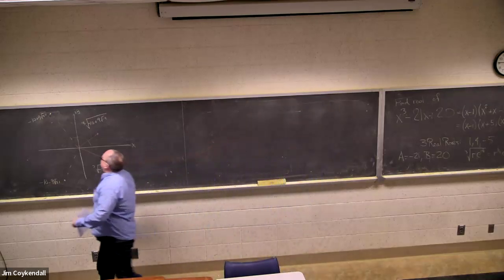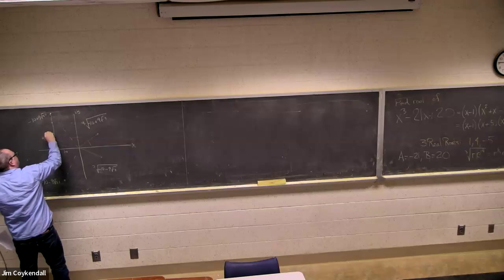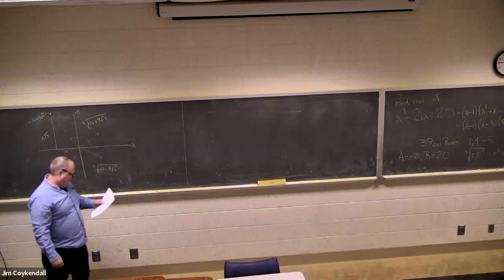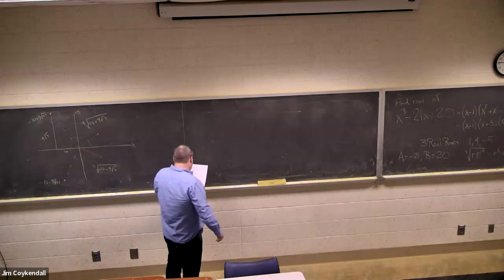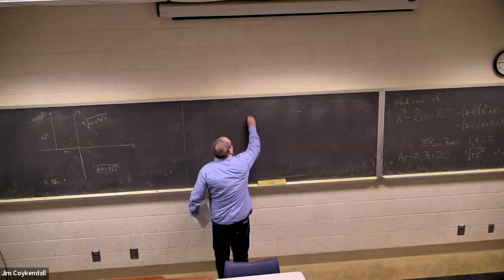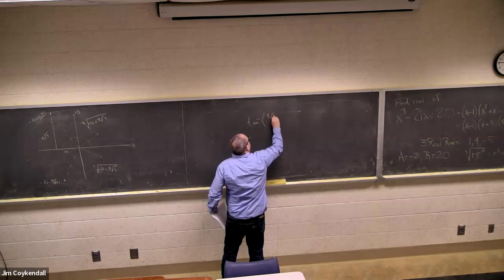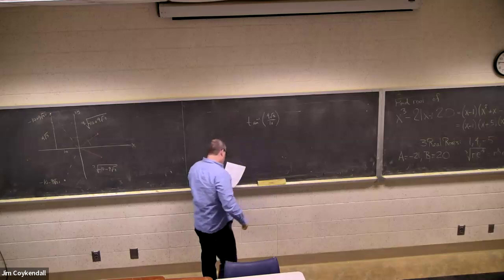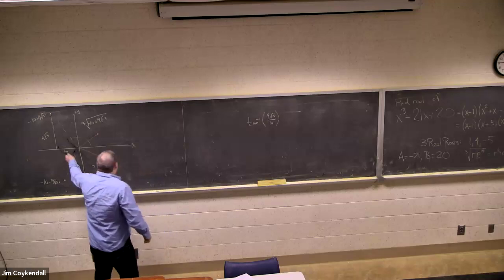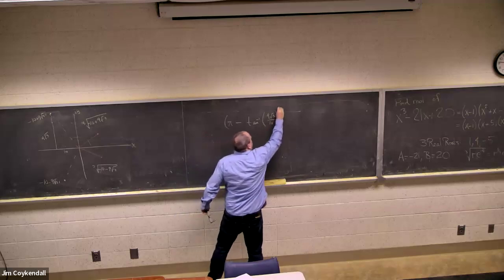I have this triangle here, length 10 and length 9 radical 3, right? That's the size of the triangle. So the angle should be inverse tangent of 9 radical 3 over 10. But we're in the wrong quadrant, so I'm going to take pi minus that.